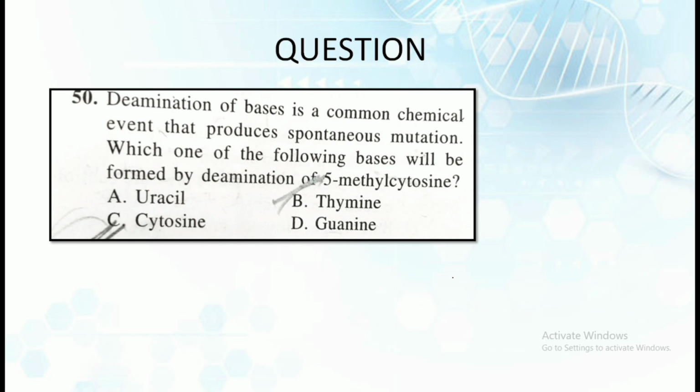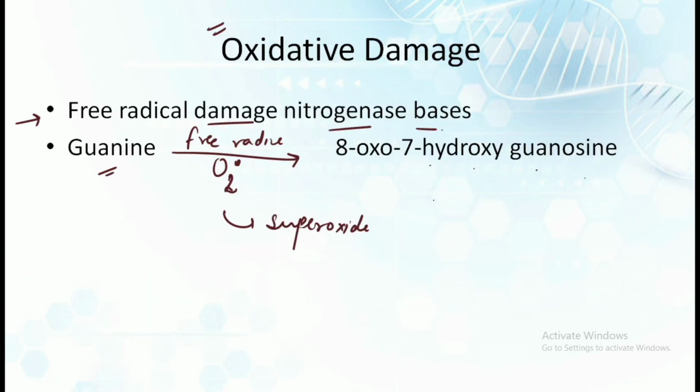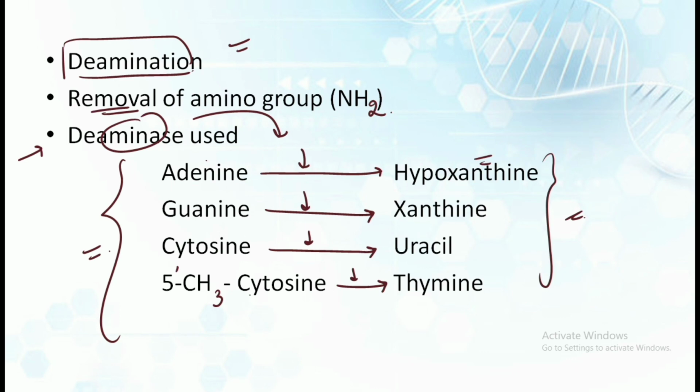Let us just quickly solve one question. The question says that the deamination of the bases is a common chemical event that produces spontaneous mutations. Which one of the following bases will be formed by the deamination of 5-methyl cytosine? As we have discussed, the deamination of 5-methyl cytosine leads to the formation of a thymine.